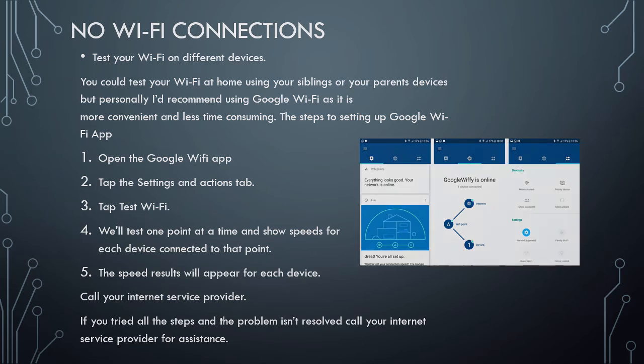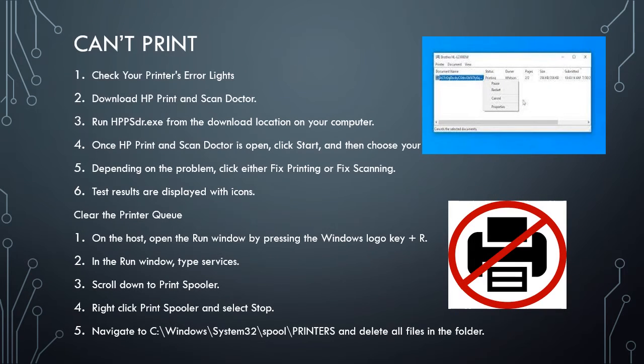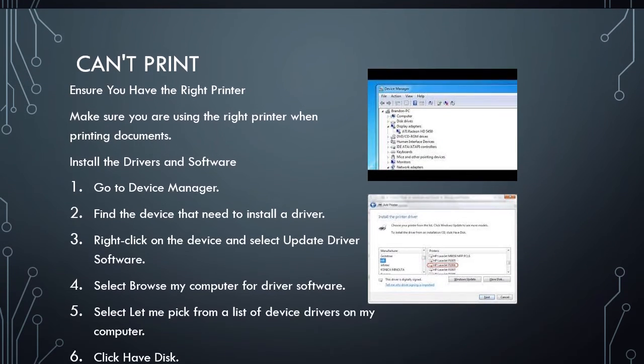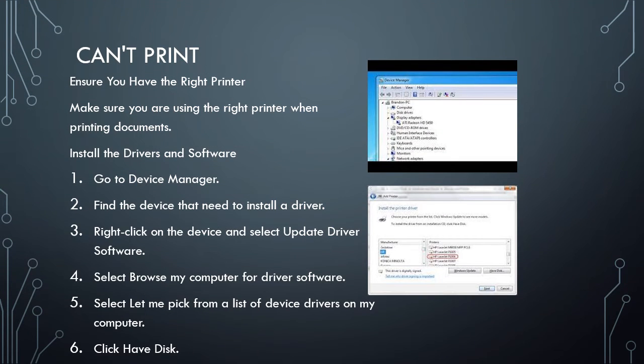Can't print. Check your printer's error lights. Clear the printer queue by pressing the Windows logo key plus R. Can't print: ensure you have the right printer. Make sure you're using the right printer when printing documents.